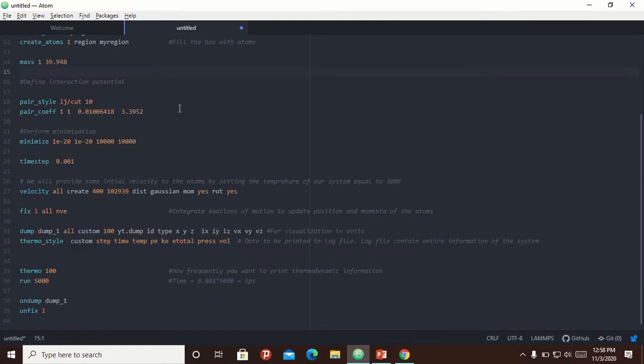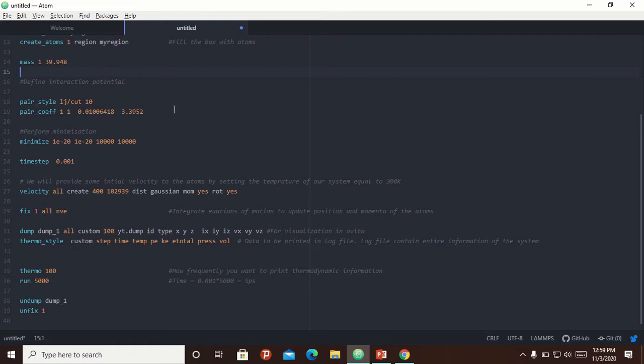Now we will see what is the interaction potential. As you have created the simulation box and filled it with atoms, now the atoms are going to interact with each other. How atoms are going to interact with each other is always defined by the interaction potential.